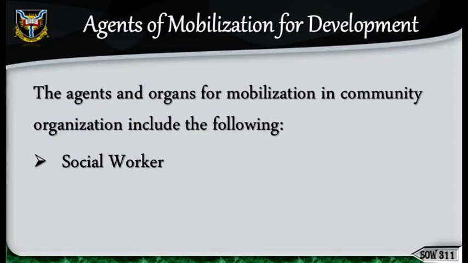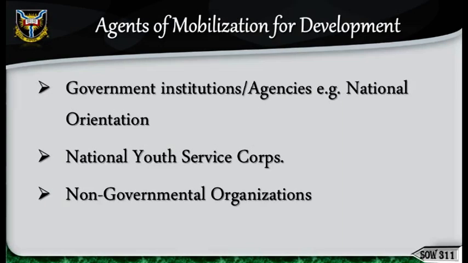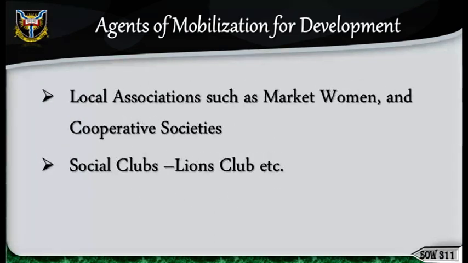Agents of mobilization for development. The agents and organs of mobilization in community organization include the following: 1. Social worker. 2. Youth organizations like Boy Scout, Girls Guide. 3. Leaders of the community. 4. Government institutions and agencies, e.g. National Orientation. 5. National Youth Service Corps. 6. Non-governmental organizations. 7.